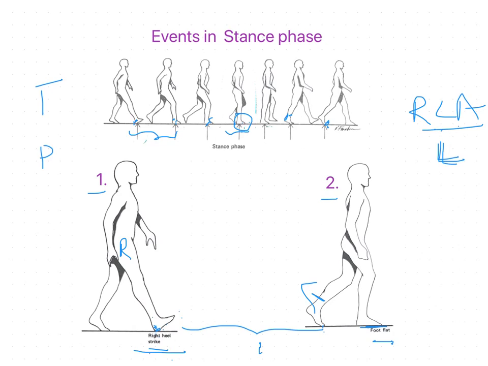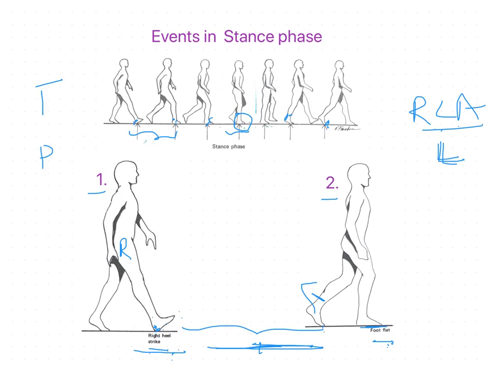In RLA terminology, heel strike is called initial contact, and the phase between heel strike and foot flat is called the heel strike phase, also referred to as weight acceptance or loading phase.